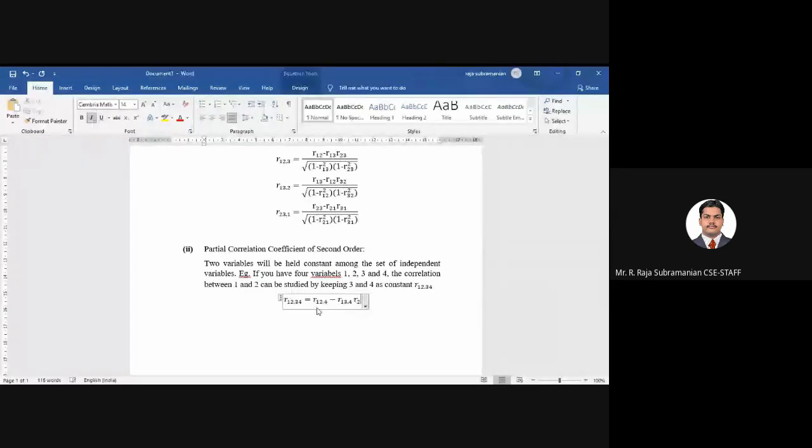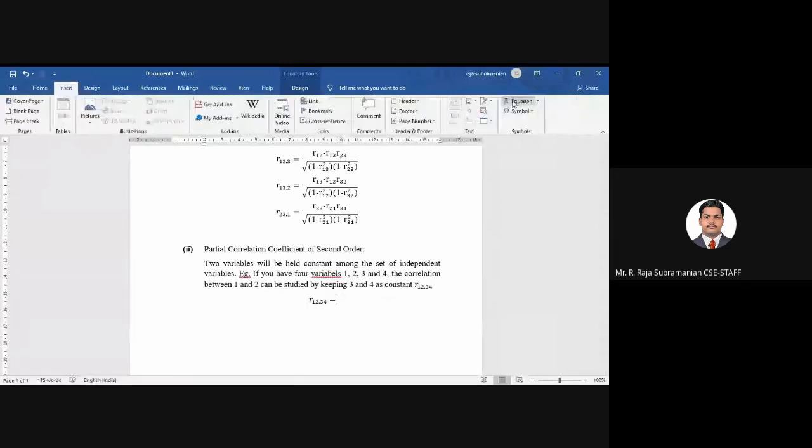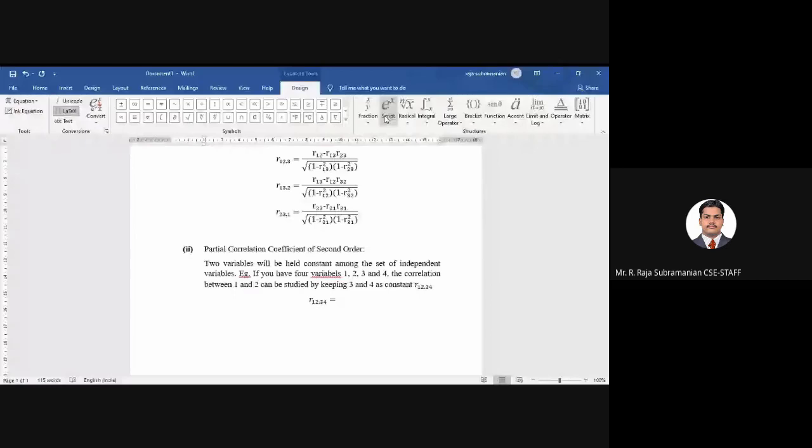So I want to study R12 dot 4 minus R13 dot 4 into R23 dot 4, whole divided by this entire term, which should be in a derivation term. Square root of 1 minus the same thing will come here. What is coming here? R13 dot 4 and R23 dot 4 are available. The same thing I'll write here.